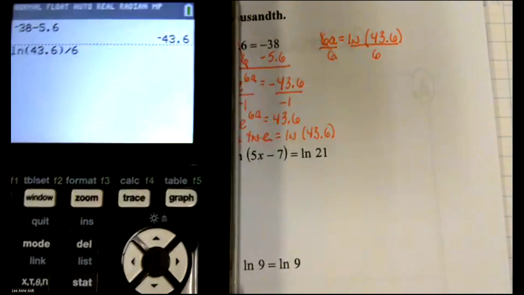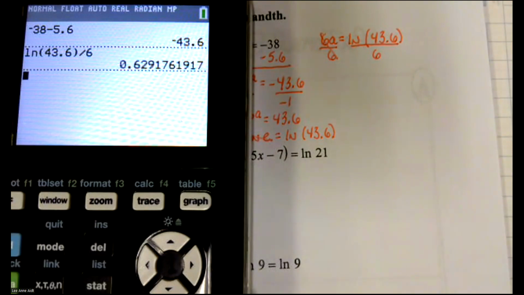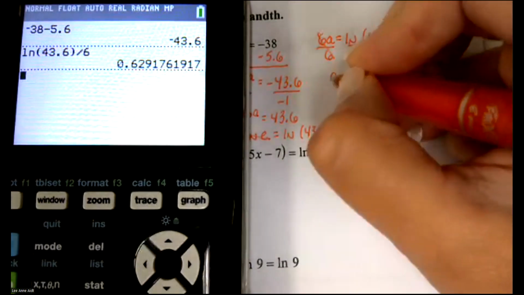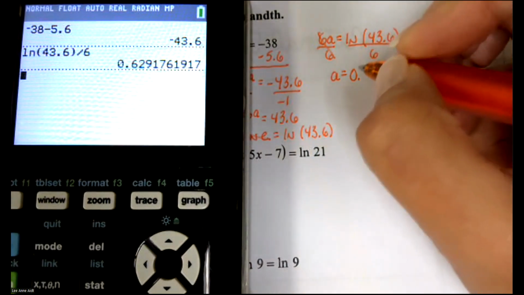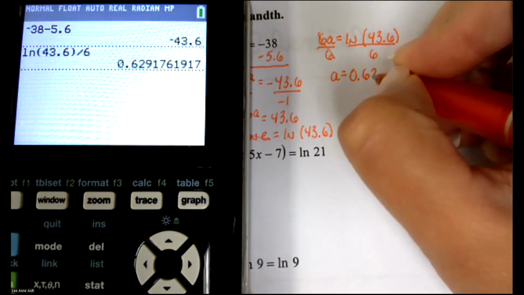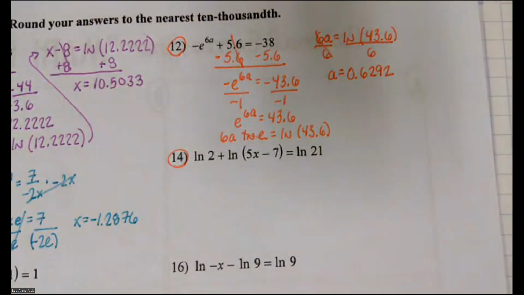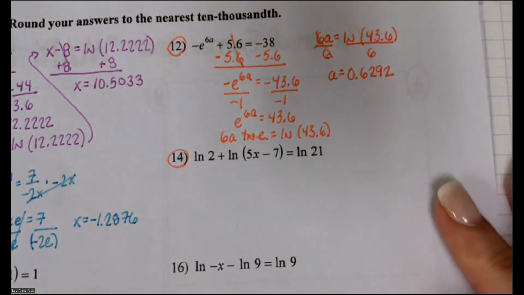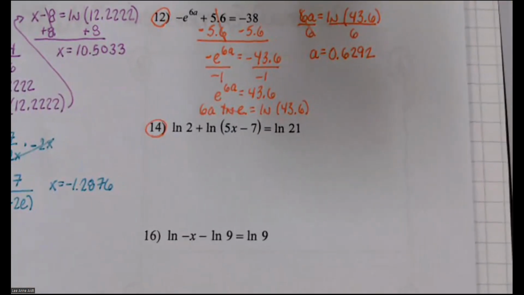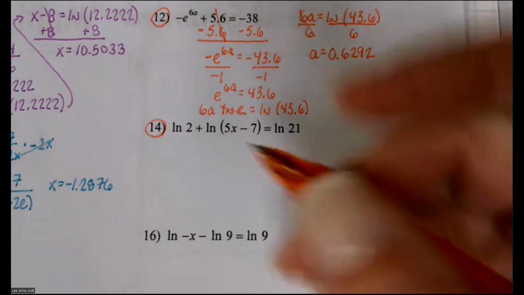Natural log 43.6 divided by 6 is 0.6292. Any questions about number 12? We good? Okay, 14.